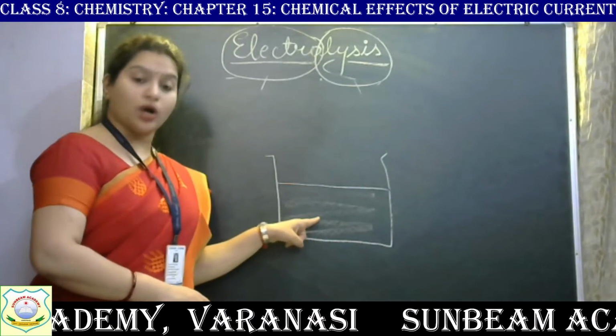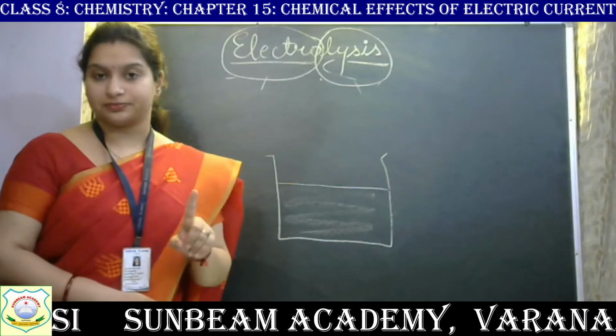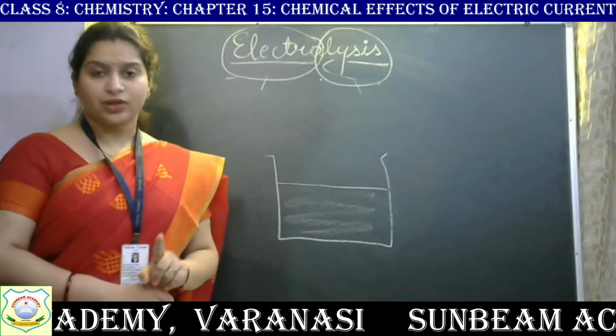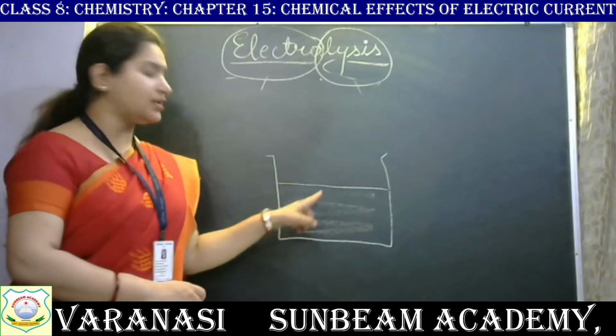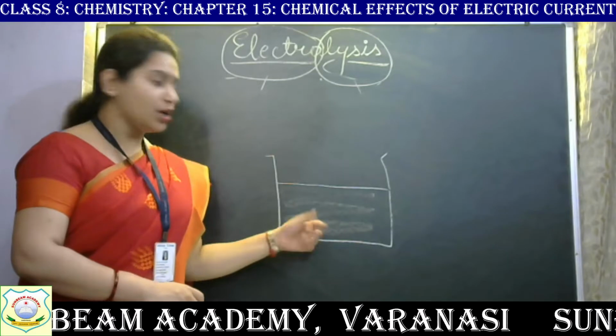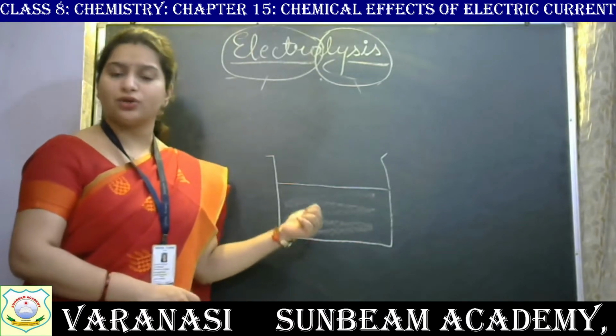Now this water or liquid needs to be a conductor. ये कैसा होना चाहिए? Conductor होना चाहिए. So we cannot take distilled water or pure water here. Okay. So to make this water a conductor, what are we going to do?